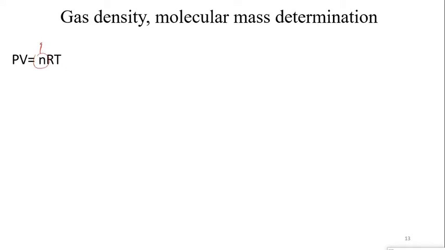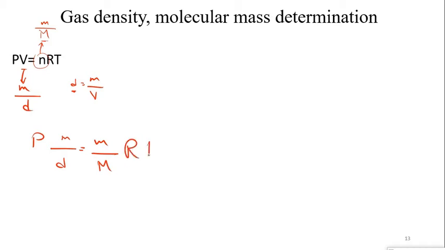And also correlate PV equals nRT with other parameters. If I looked at n, I can substitute n with the mass in grams over the molecular mass. And for V, we know that density is equal to mass over volume. So I can substitute V with the value m over d. So I can say P mass over density would be equal to the mass in grams over molecular mass times RT.